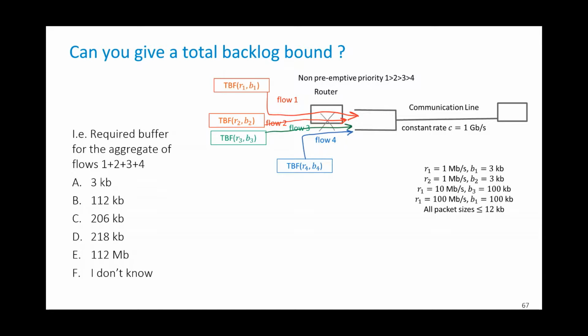You say the worst case is this, and then analyze what happens at the worst case. This is not what we do in network calculus. We don't imagine the worst case. We just put envelopes on everything. We put a maximal envelope on traffic. We put a minimal envelope on service. And we say, if the traffic is really within the maximum envelope and the service within the minimum envelope, then the backlog and the delay cannot exceed this.